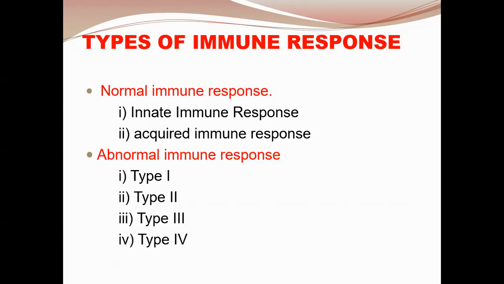The effector phase involves the immunological memory, which occurs as tissue pathology upon a subsequent encounter with the particular antigen which was previously exposed to in the sensitization phase.